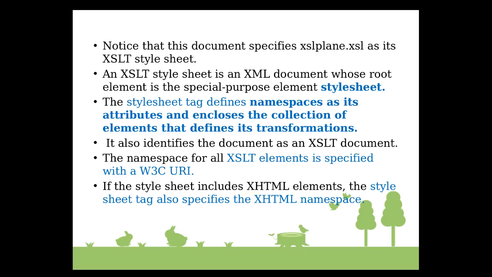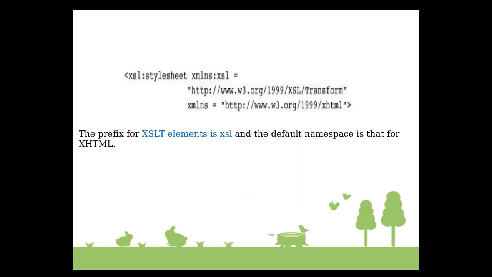The namespace for the XSLT elements, the elements solely related to the XSLT style sheet, is specified with the W3C URI. If the style sheet includes any kind of XHTML elements, the stylesheet tag also specifies the XHTML namespace. So this is an example. See here, stylesheet is the tag name. It is prefixed with xsl, and this is the namespace for the style sheet.